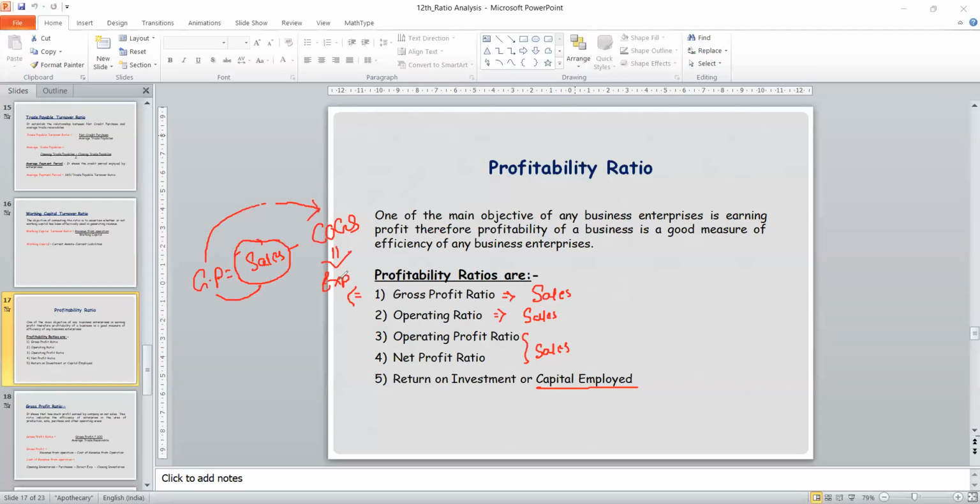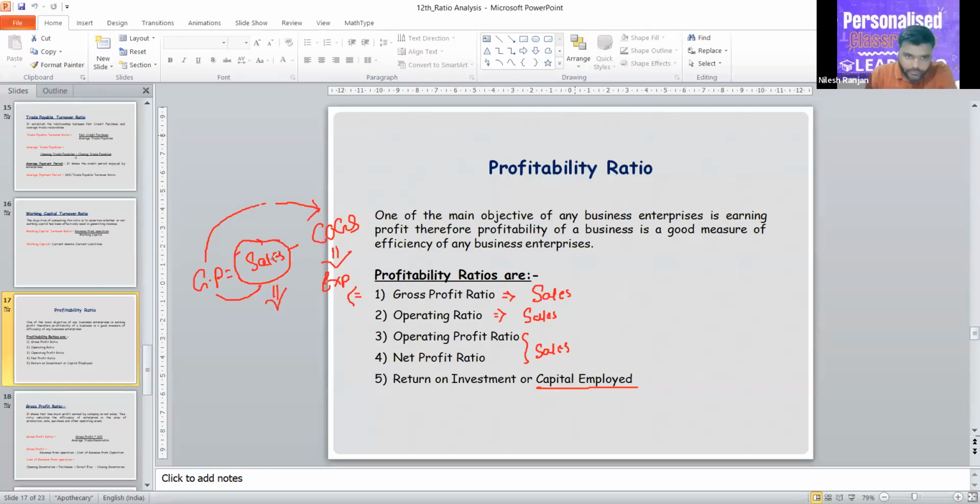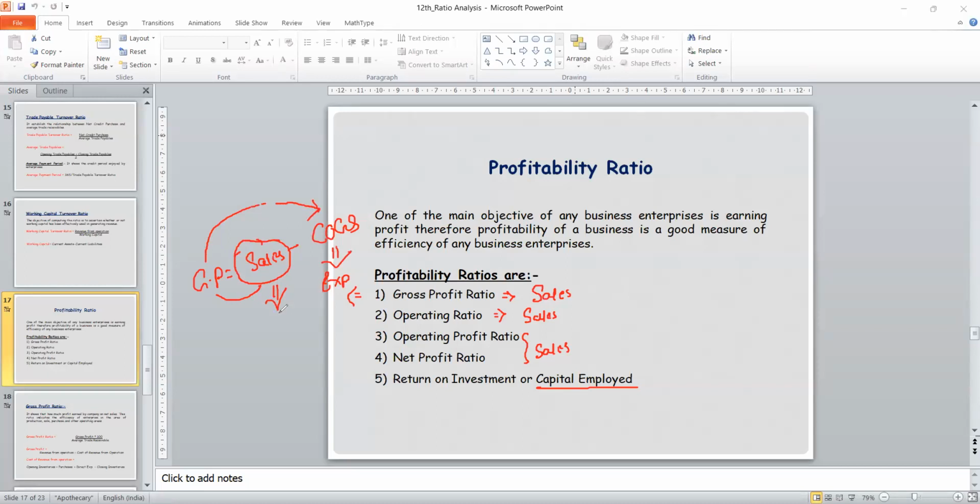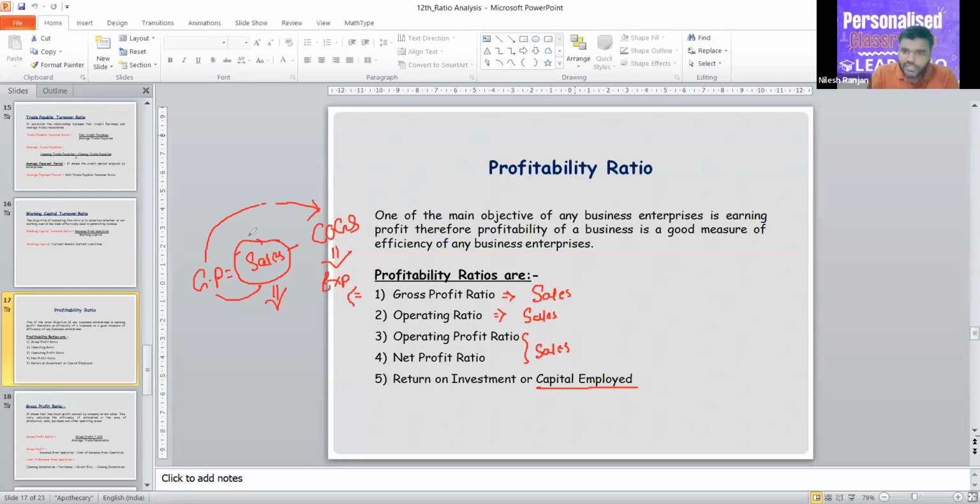If we are making sales, then we are earning profit. The reason behind profit is sales. For this sale, the COGS is required. For selling goods, we need to expend some cash or amount. So that is our COGS.